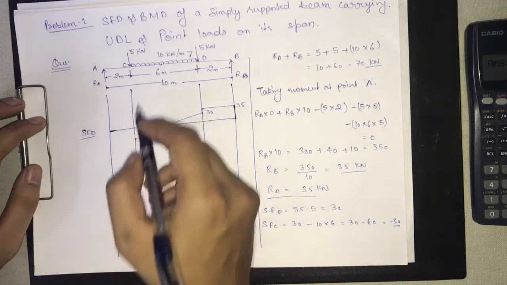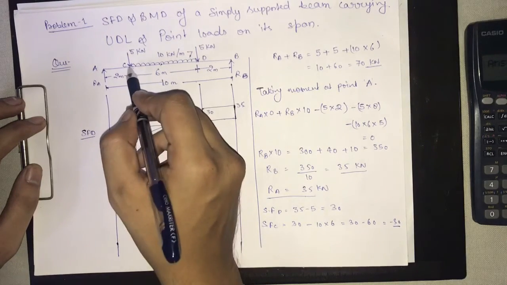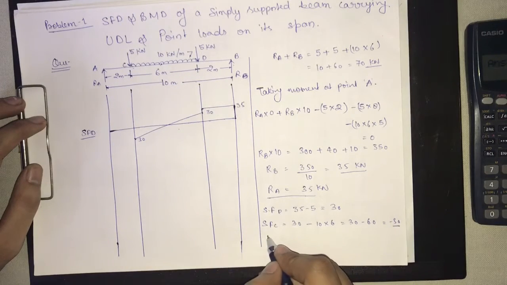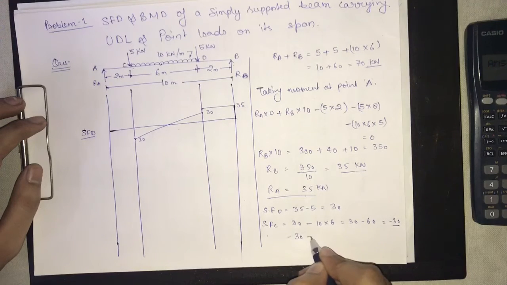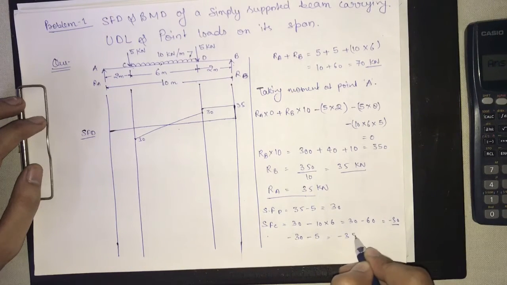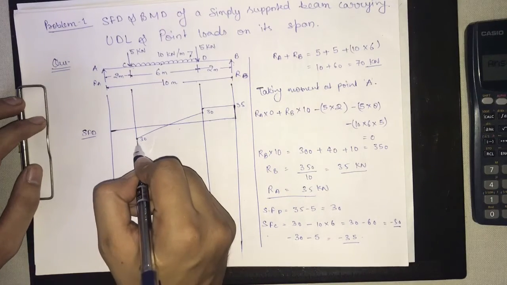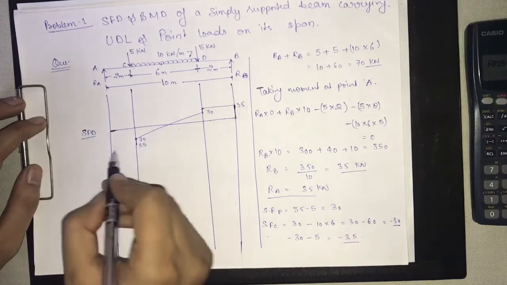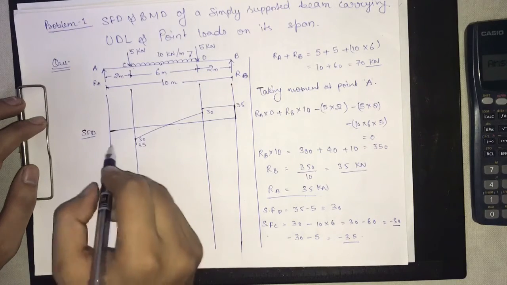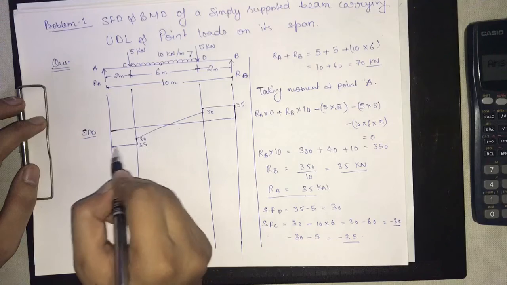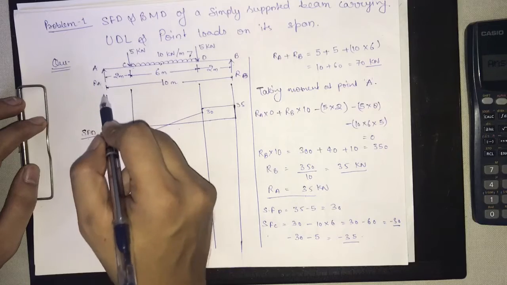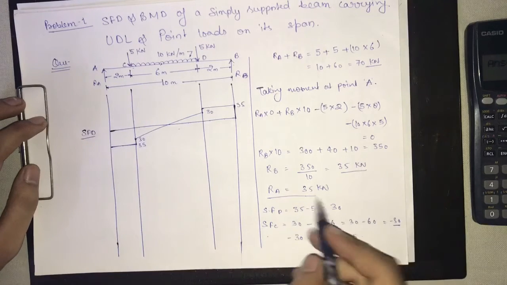Now this point also has a force of 5 kilonewton, so here we have minus 30 minus 5, so it is minus 35. It gets reduced by 5 more, and this point is 35. Now from this point to this point there is no force, so it will go straight, and at this point A there is a reaction RA, and the value of RA is 35.